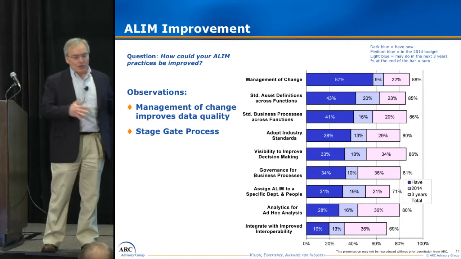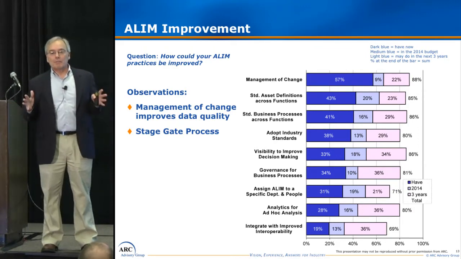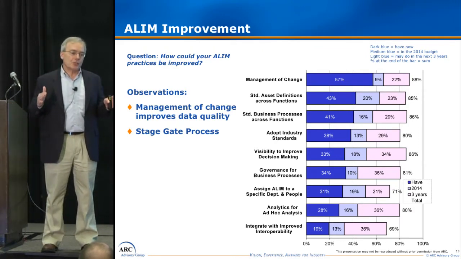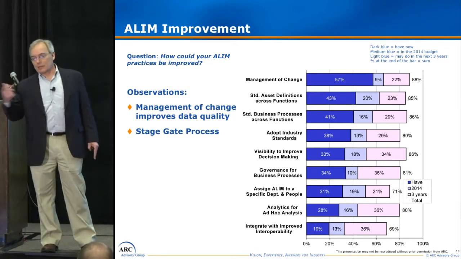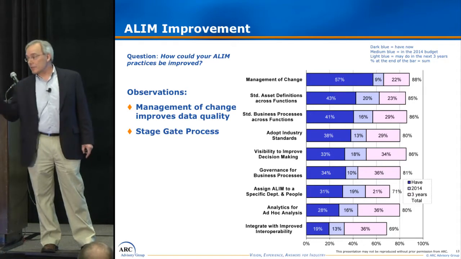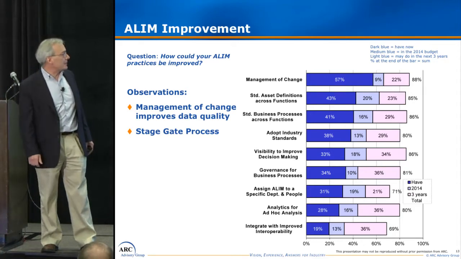So in terms of how to fix it, one of the big issues is management of change, to keep those documents up to date and current, so not only can they be used for operate and maintain, but they also can be used for the next project.